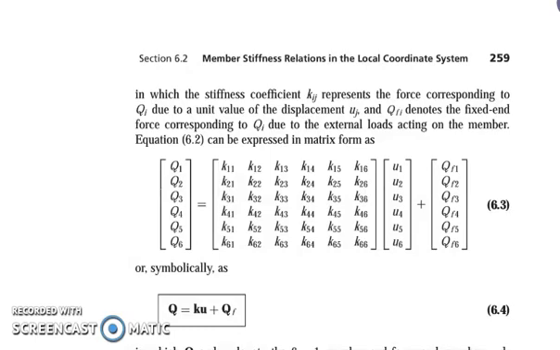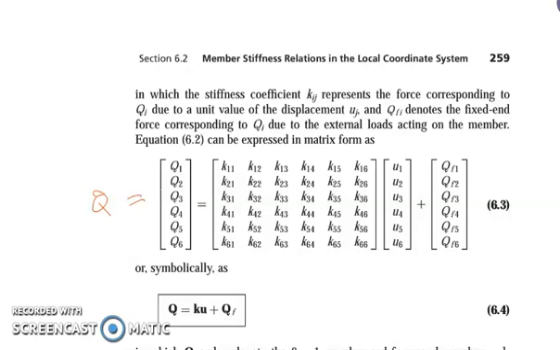However, our equation can be expressed in this form. We have here for our Q, as for every member, this is the formula for every member. We have to take note that for every member there are 6 member end forces.